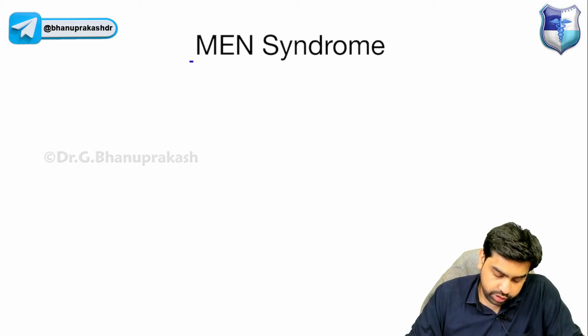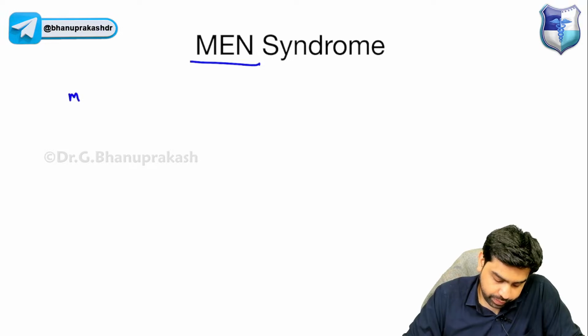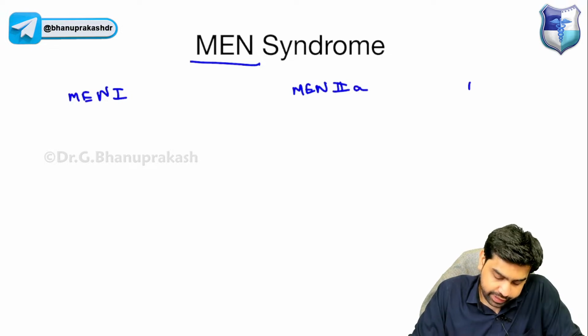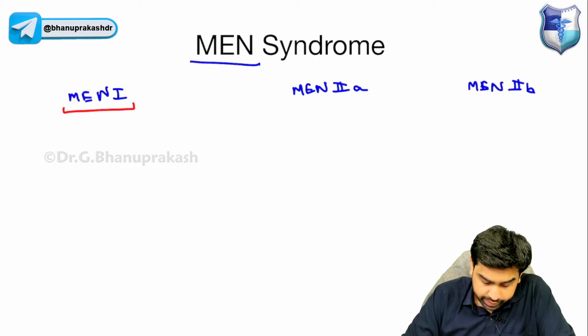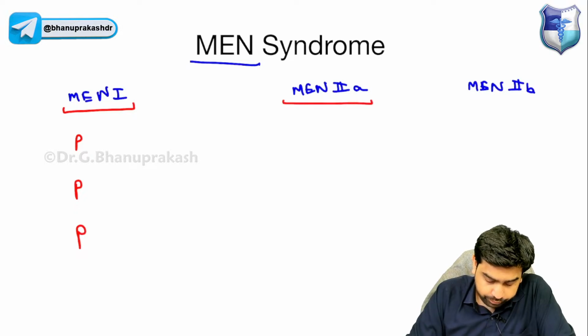Now this MEN syndrome can be MEN 1, MEN 2A, or MEN 2B. What is included in MEN 1? MEN 1 is a syndrome of 3 Ps. MEN 2A is a syndrome of 2 Ps.